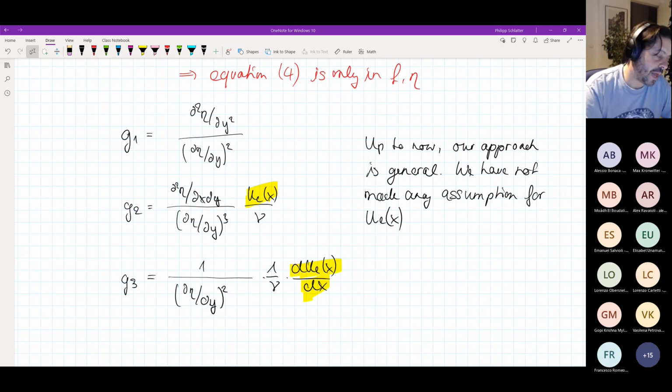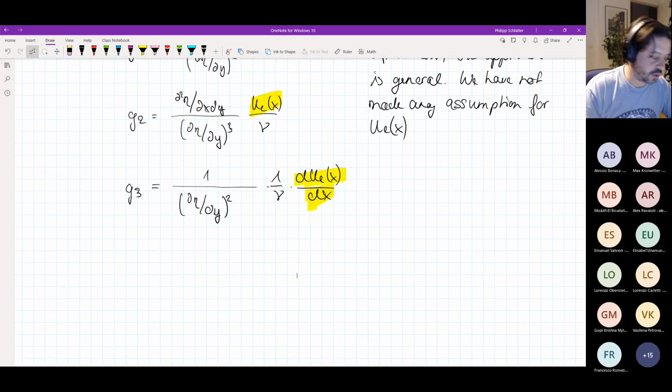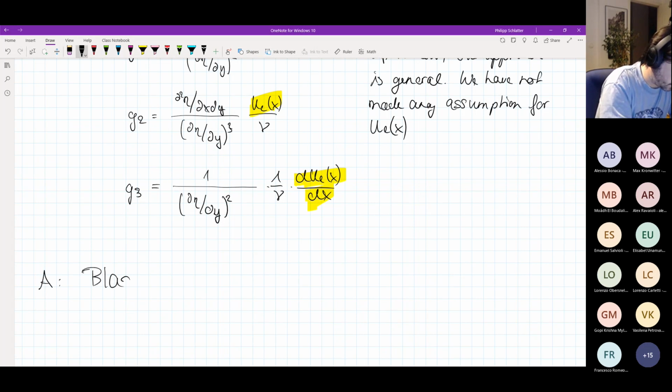So that means now, I guess, to get any further, we actually need to start to make such assumptions for the free stream velocity distribution, because we may want to kind of zoom into one specific type of solution. And of course, the first one, I guess, the most known of these solutions would be, and I call this now part A, the Blasius solution.